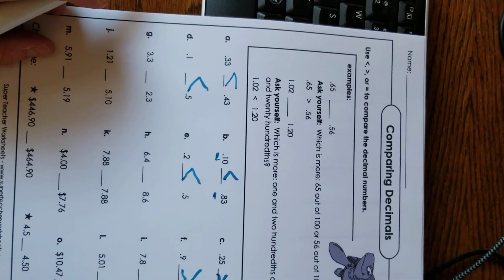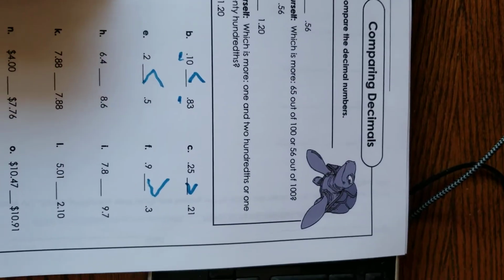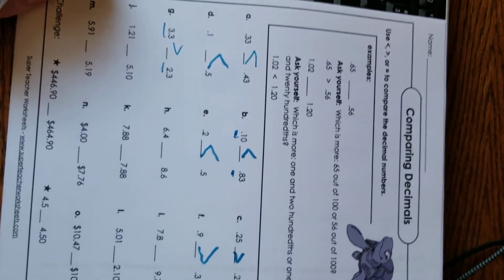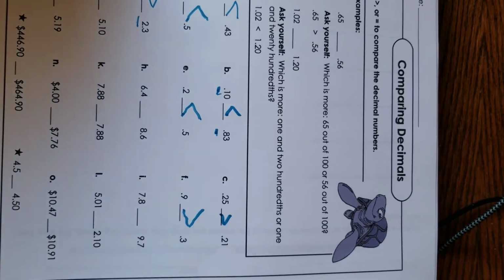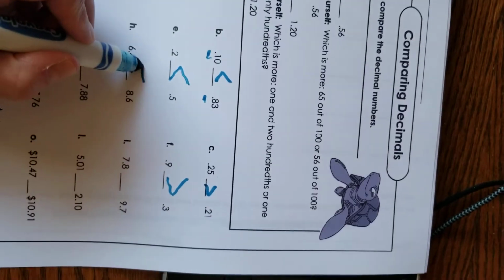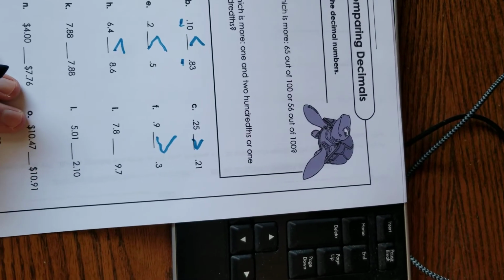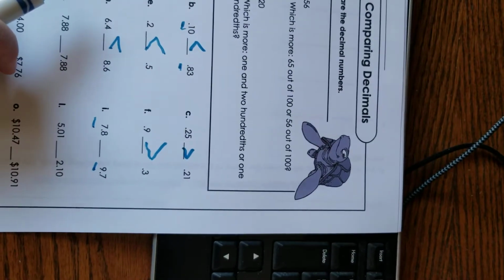3 and 3 tenths, 2 and 3 tenths. If we look at the ones place, 3 is greater than 2. And look at the next one, 6 and 4 tenths, 8 and 6 tenths. We know 8 is greater than 6. 7 tenths and 9 tenths. We know 9 is greater than 7.